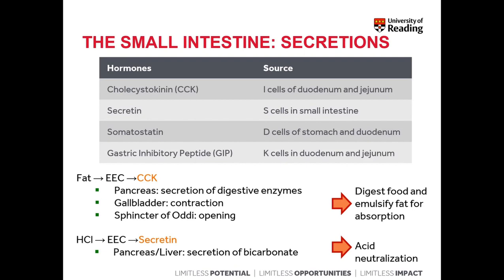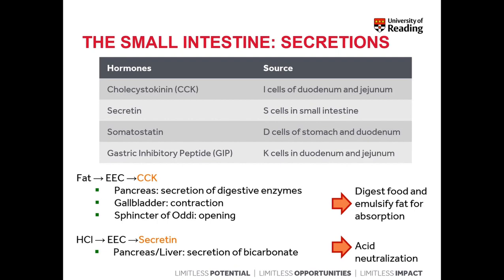So the presence of fat in the food promotes the activation of enteroendocrine cells, which produce cholecystokinin, which then in turn stimulates the exocrine cells of the pancreas to secrete digestive enzymes. Cholecystokinin also leads to the contraction of the gallbladder, which contains bile salts, which are needed for the emulsification of fats.